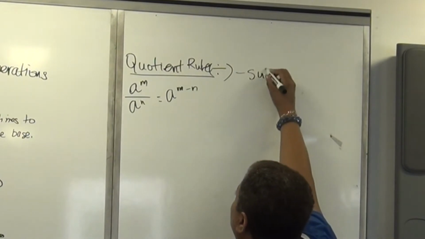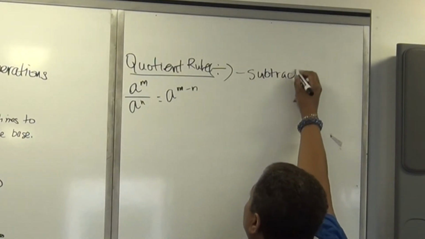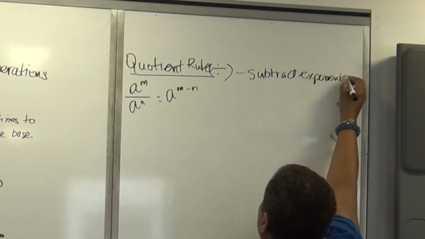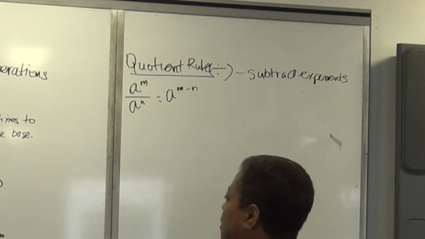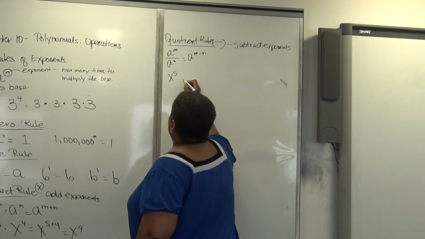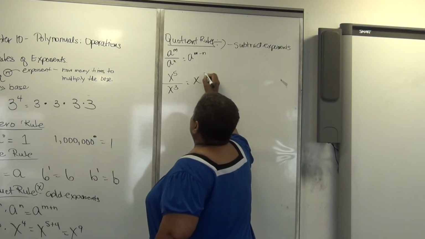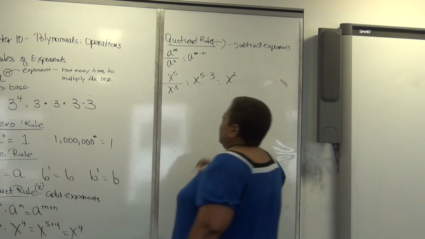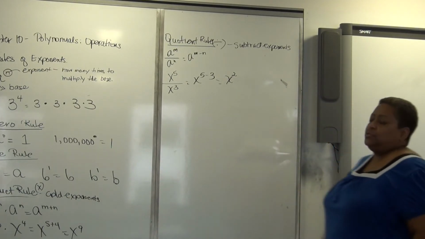So write that down. Subtract exponents. So if I have x to the fifth divided by x to the third, x to the 5 minus 3, x squared, x to the 2.